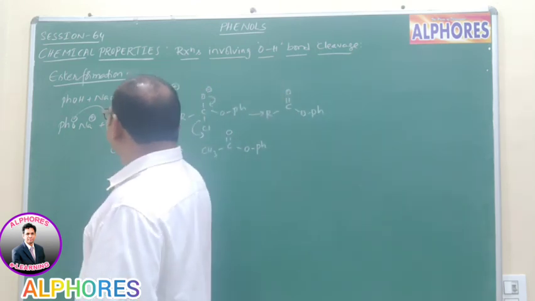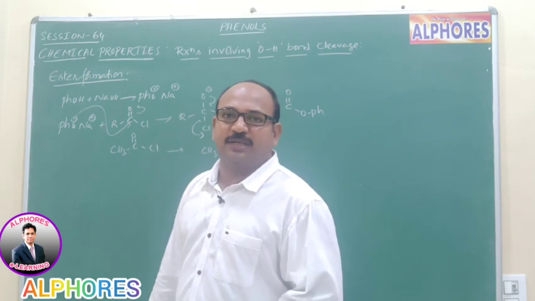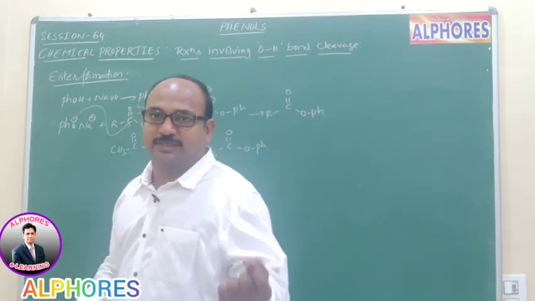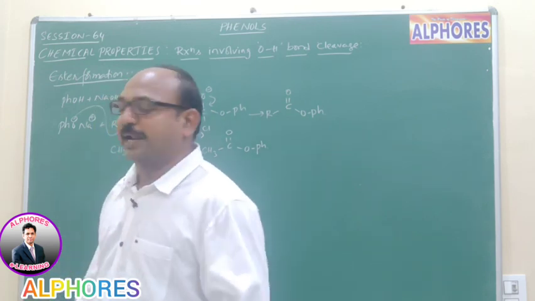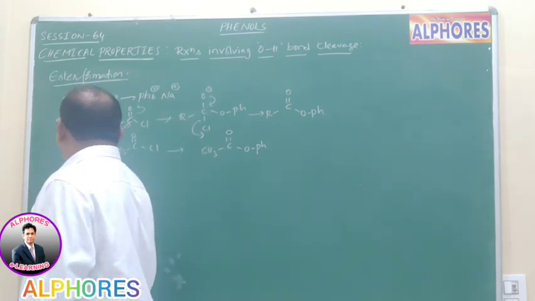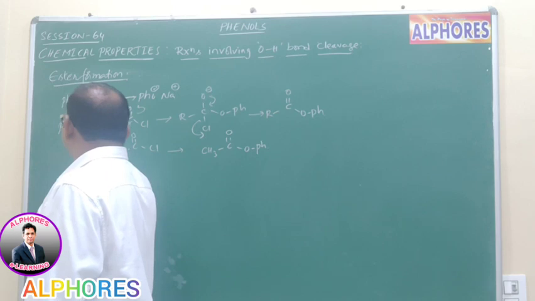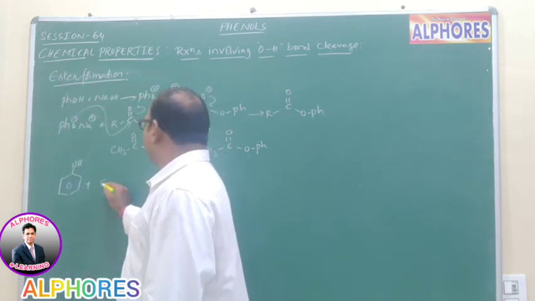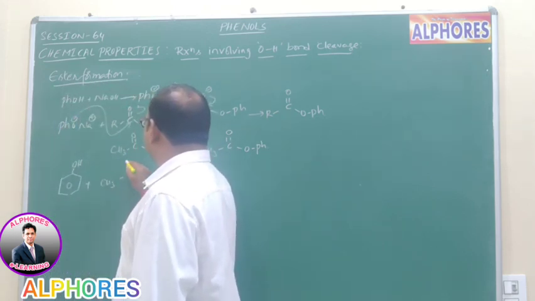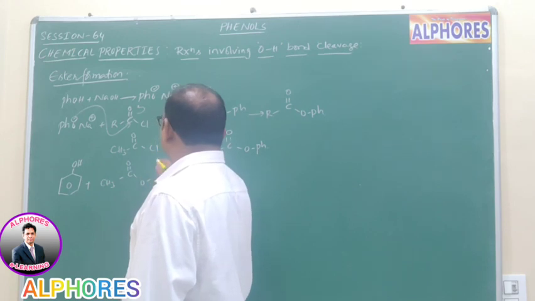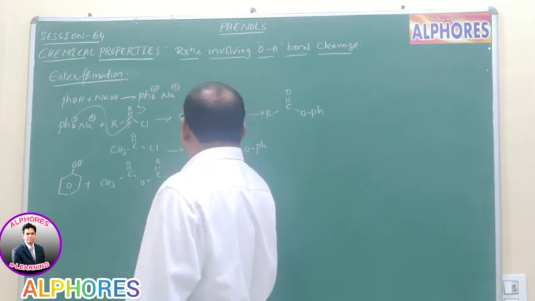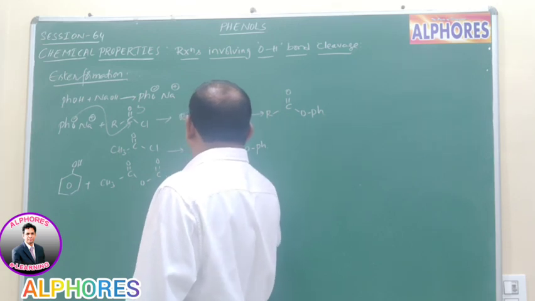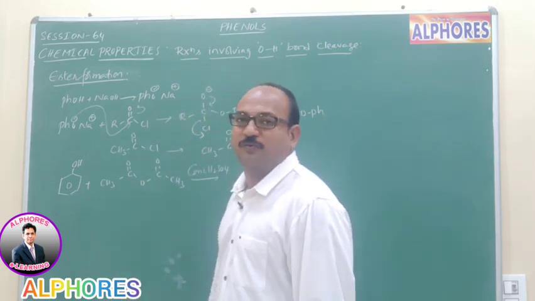Now, I used to consider sodium acetate or acetic anhydride. Let us see here. Phenol upon reaction with acetic anhydride, CH3C=O-O-C=OCH3, in presence of concentrated H2SO4.